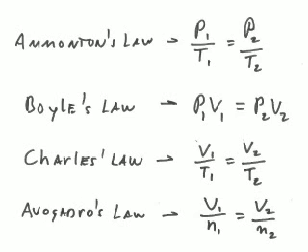Charles' law says the volume divided by temperature has to equal the new volume divided by the new temperature. And again, those have to be absolute temperatures. Any gas law problem that includes temperature has to be done in Kelvin. And finally, of course, Avogadro's principle: the volume divided by the amount of gas equals a new volume divided by a new amount of gas.